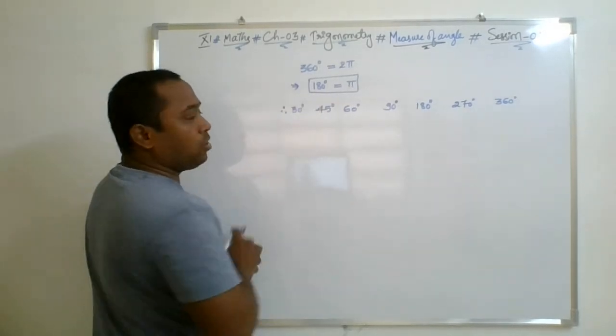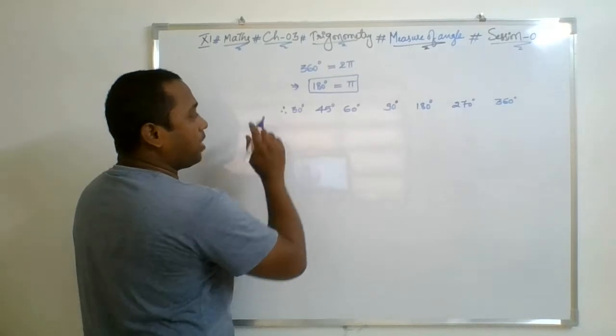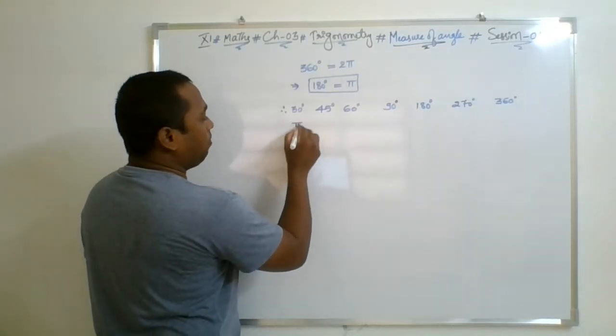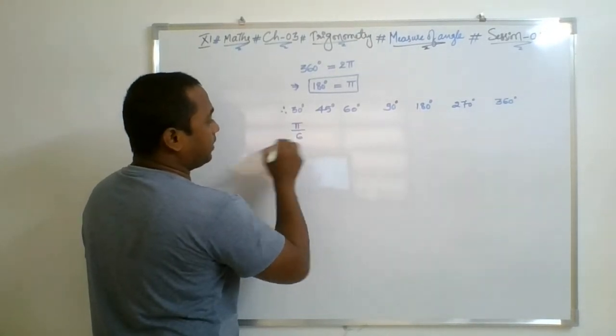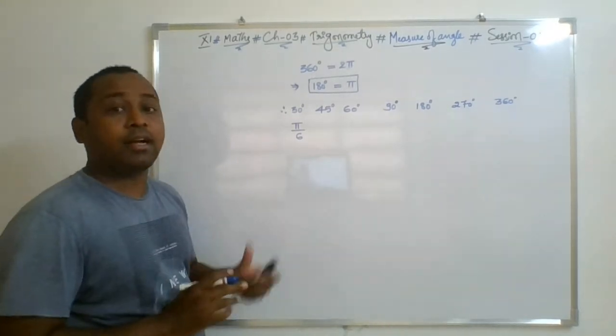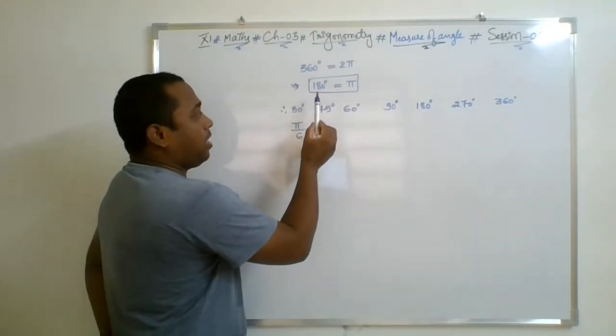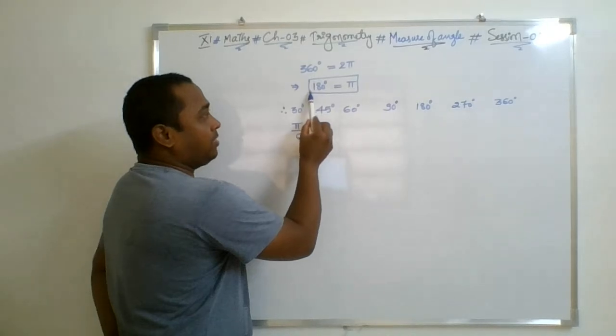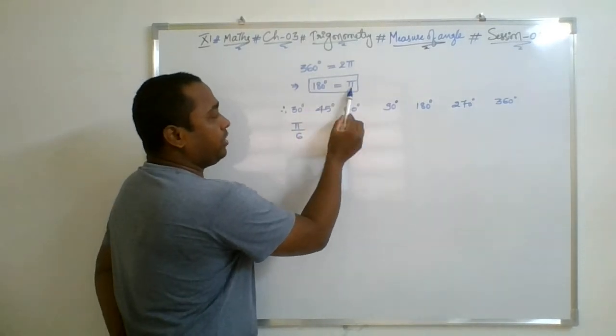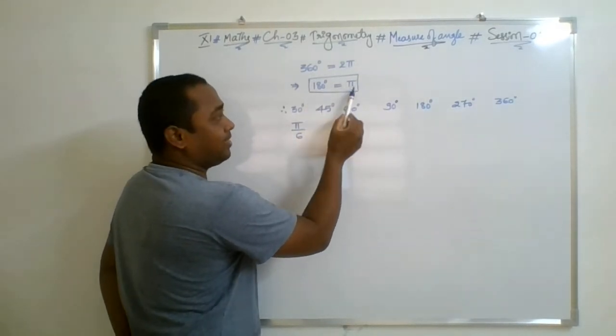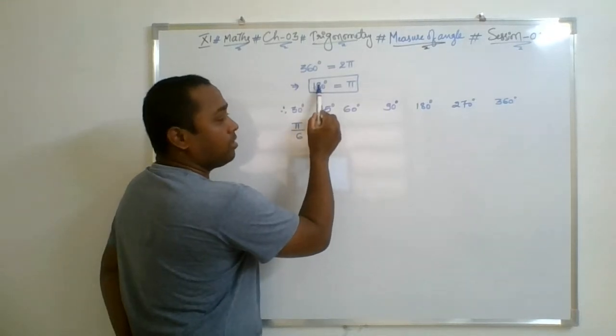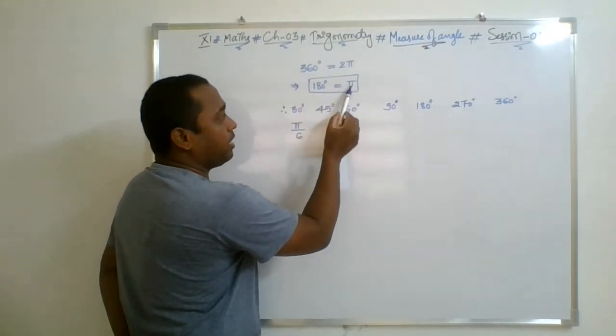If pi is equal to 180 degrees, then 30 degrees can be written as pi by 6. Sir, ये कैसे मिला? Simply, if I want to get 30 degrees, I have to divide this relation by 6. अगर मैं 6 से divide करूँगा तो 180 में 30 and pi by 6.